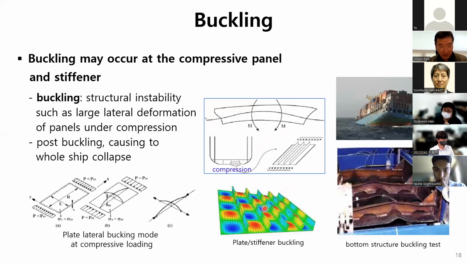As you can see in this simulation, stiffeners bent this way and that way, plates deformed up and down, red and blue. It's interesting to see a bunch of adjacent plates undergoing buckling together. Sometimes we carry out full-scale buckling tests in order to confirm the simulation results. The purpose is to determine the adequate plate thickness and stiffener size for buckling not to occur during the ship lifetime.